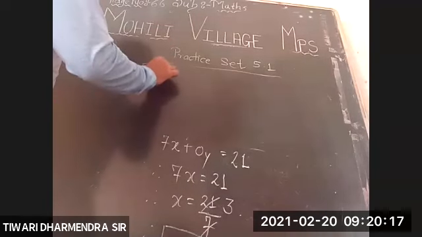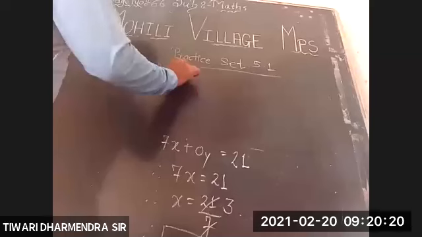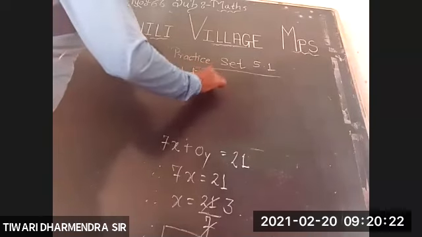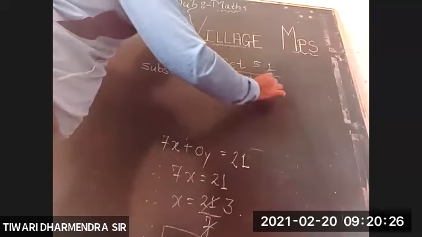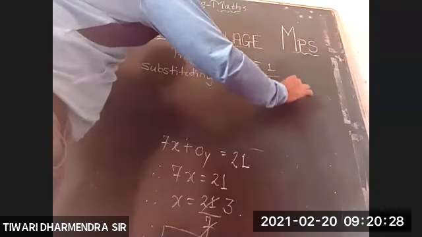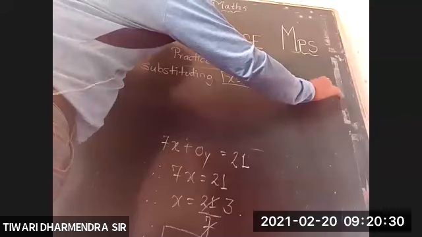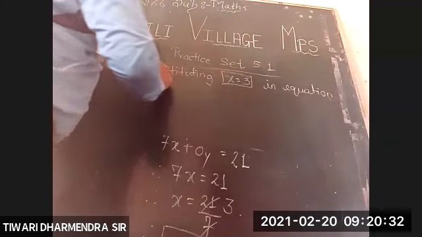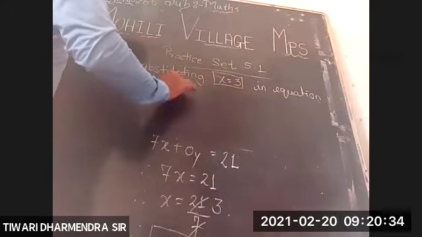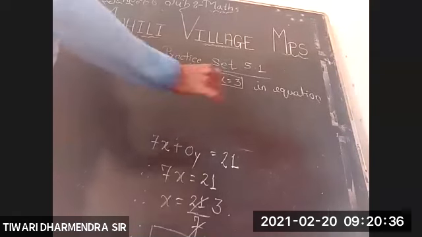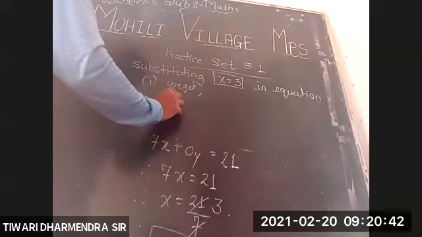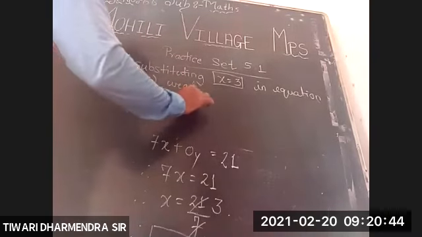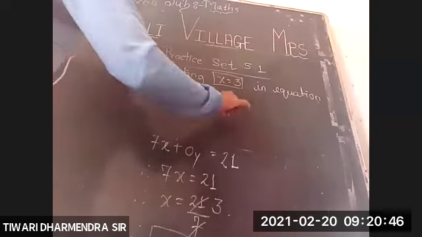Substituting x equal to 3 in equation 1, we get, so our equation was x plus y equal to 4. So instead of x, I'm writing 3 plus y is equal to 4.